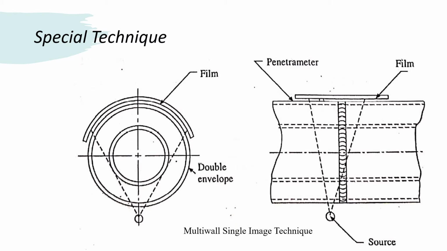The multi-wall single image technique is used for double envelope pipe of more than 90 mm outer diameter, and the interpretable length is ascertained by the radiographic weld density.